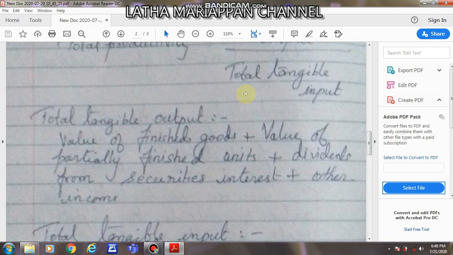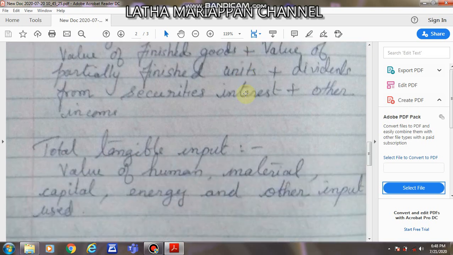Your finished goods, your partially finished or semi-finished goods, your security interest and other incomes. All together is called your total tangible output. Then what comes under total tangible inputs? Your human resources, your material, your capital, your energy and other inputs used are called total tangible input.